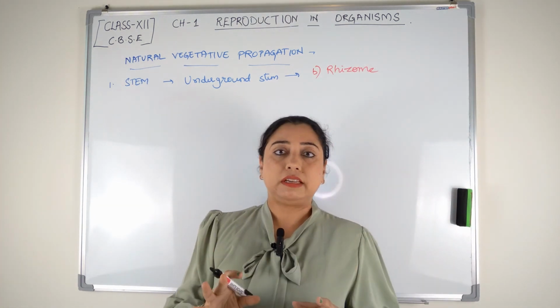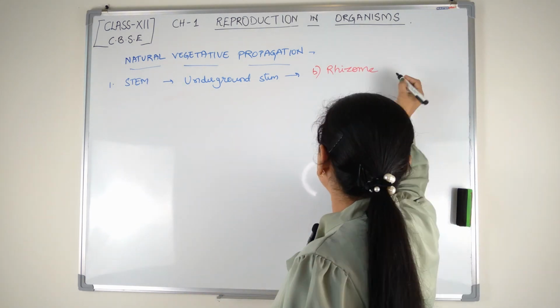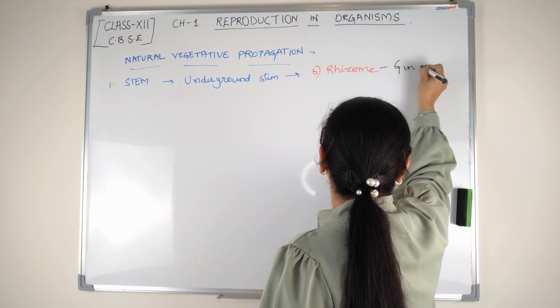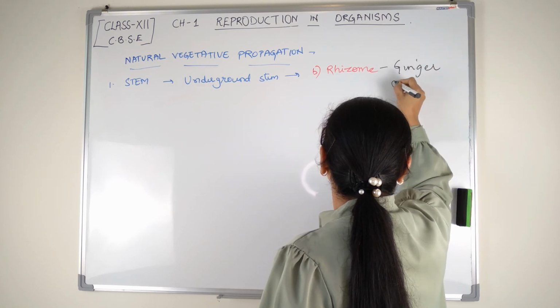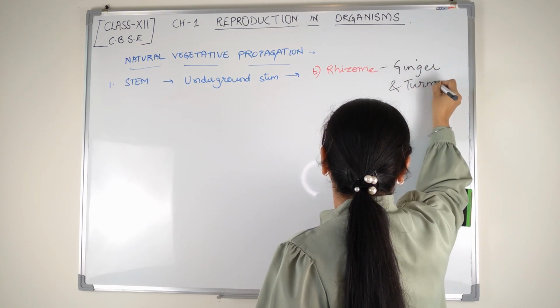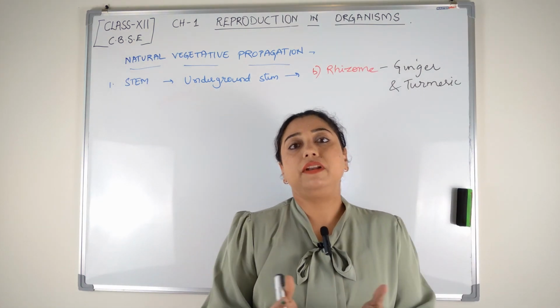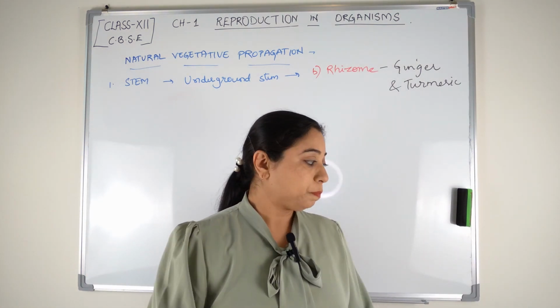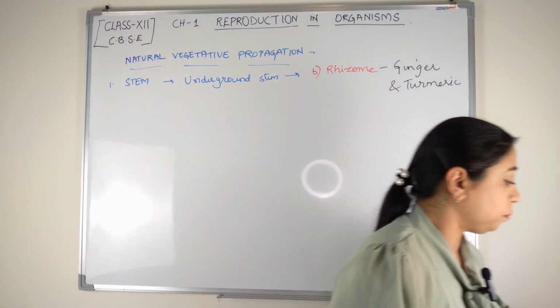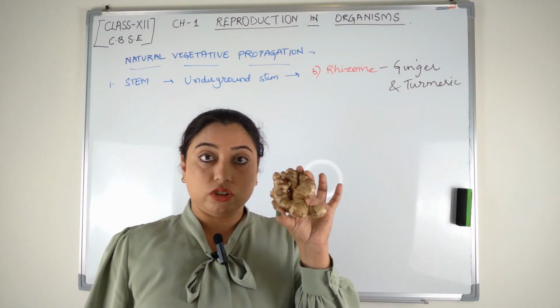Rhizome is basically seen in the case of ginger and turmeric. Students, I believe you all have seen ginger. Let me show you the structure. See, this is a ginger, okay?